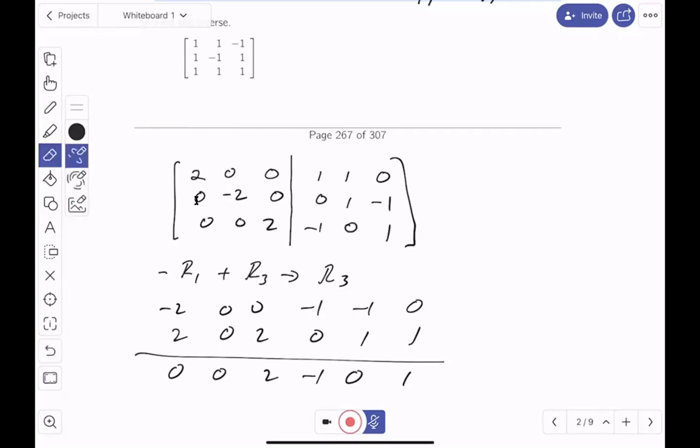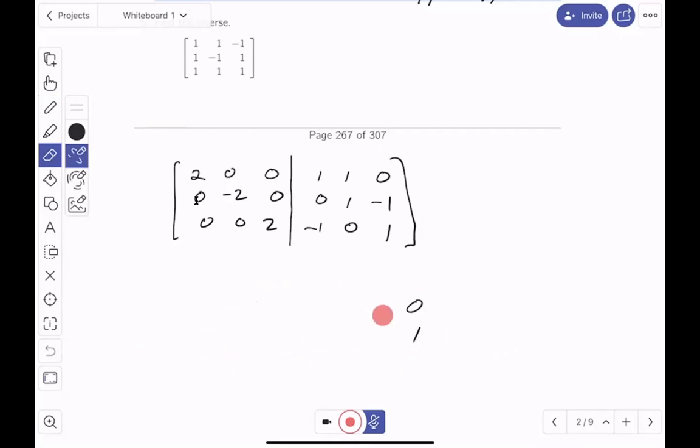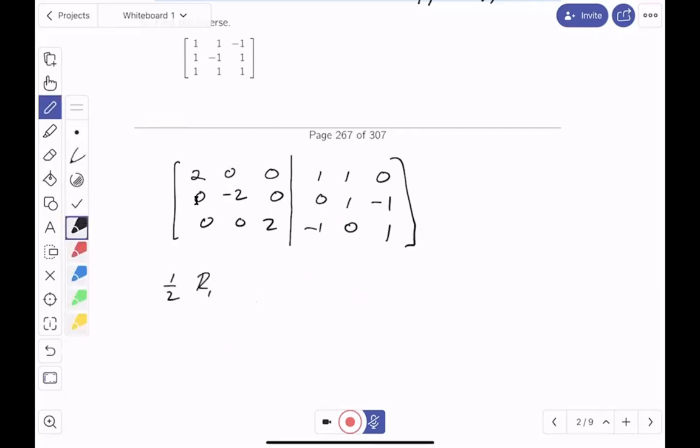All right, what am I going to do now? Well, I'm going to write down what I want to do. 1/2 row 1, give it to row 1. Minus 1/2 row 2, give it to row 2. 1/2 row 3, give it to row 3.